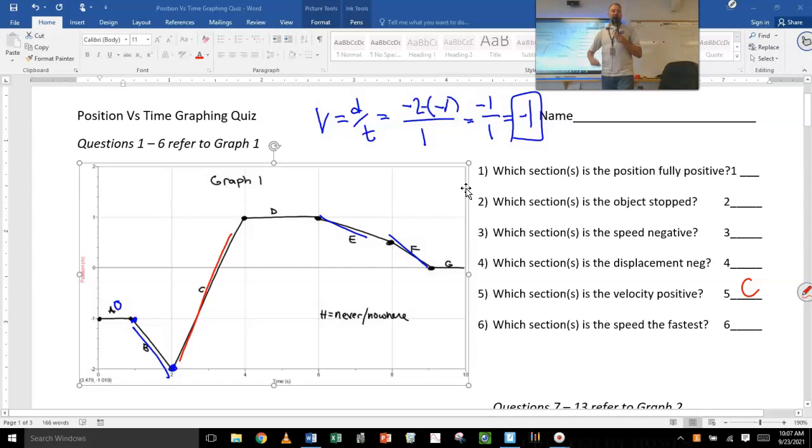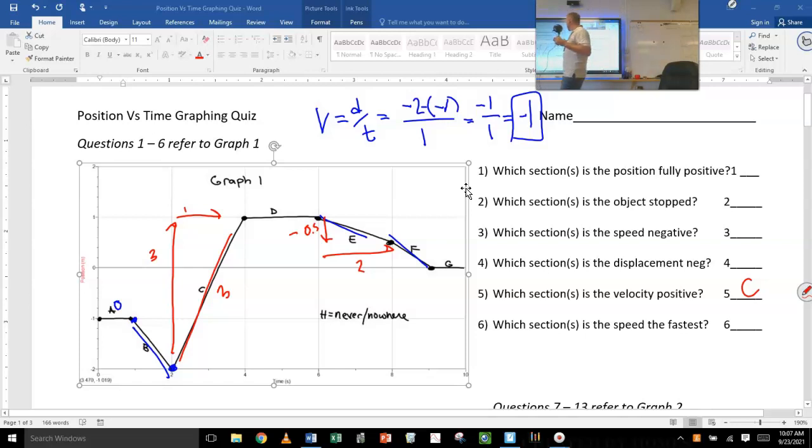And number 6, which section is the speed the fastest? So that's going to say which has the biggest slope. And it counts for both positive and negative. So let's say you had a slope like this slope right here. I go up 3 over 1. So this has a slope of 3. And that's my speed. My speed is 3. This slope, it goes down a half, and then it goes over 2 seconds. So that's like 0.25.